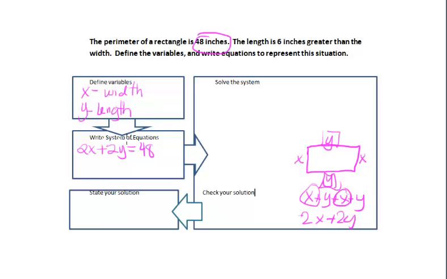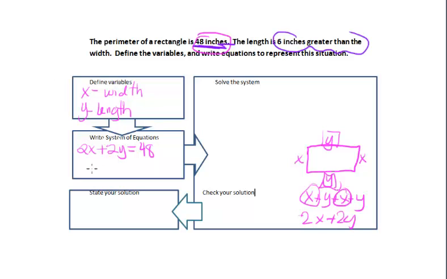Okay. Now, for our second equation, I'm doing this one in pink and purple, nice and girly today. The length is 6 inches greater than the width. So the length is longer.